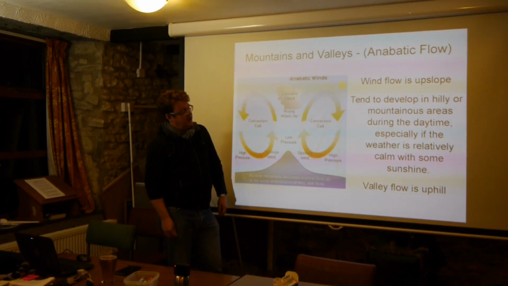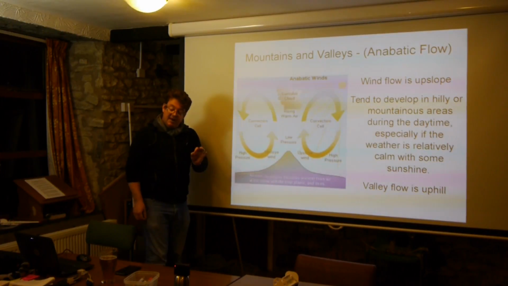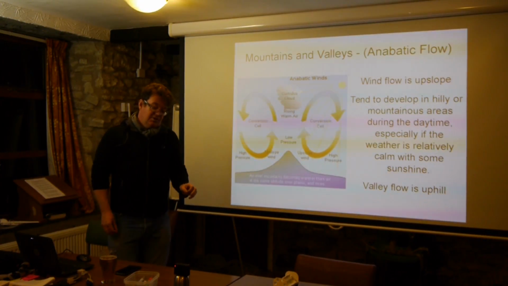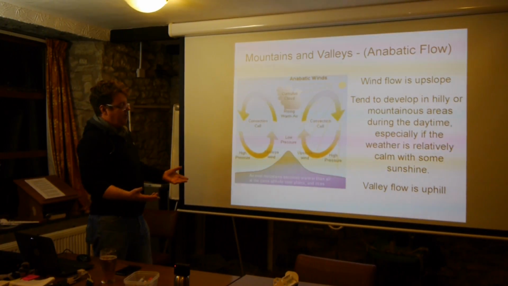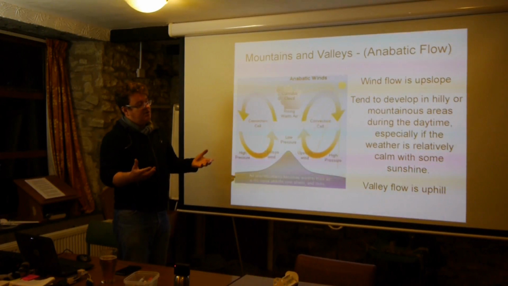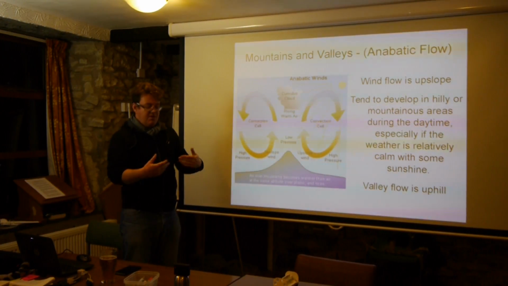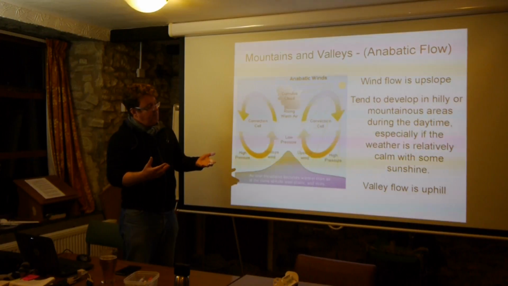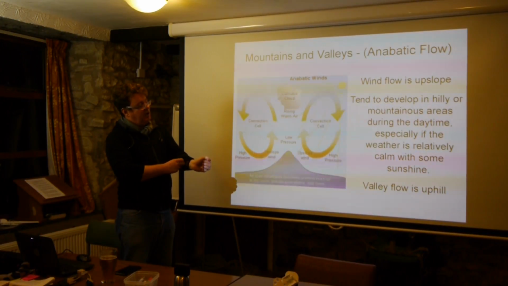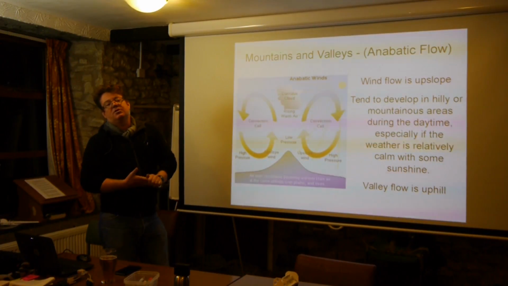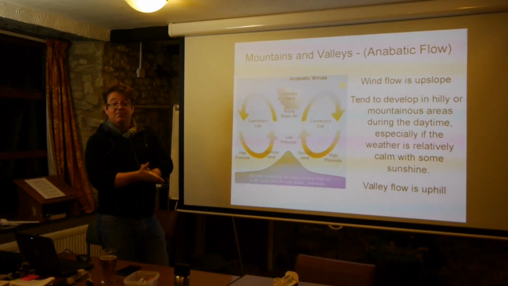And there's a trick for knowing which way the valley flow is likely to be, which is that if you're flying in an alpine area and you come into a new valley area, more often than not, the valley flow is in the opposite direction to the river that is flowing in the bottom of the valley.